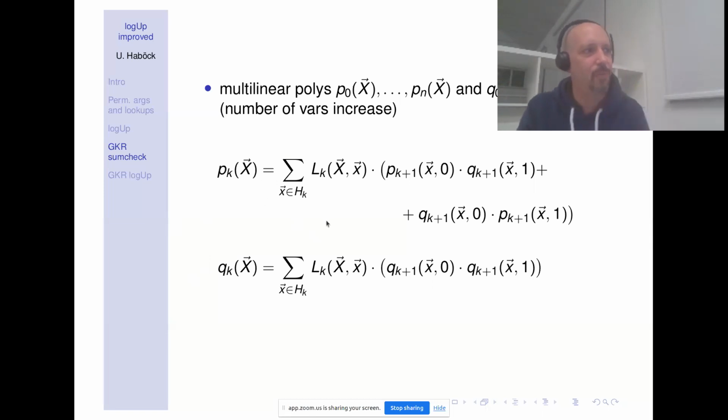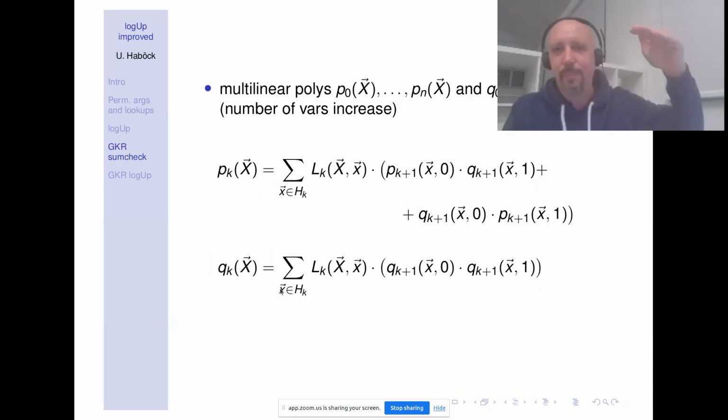So how does the proof go? You start with the top layer claim, which is a constant polynomial because it's the zero-dimensional hypercube here. And then you reduce that representation from a linear sum, using the Lagrange representation, to a sum check of scalars.